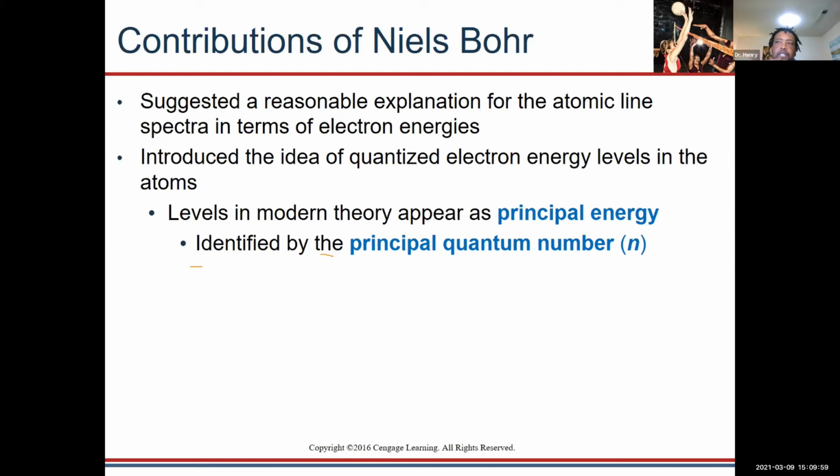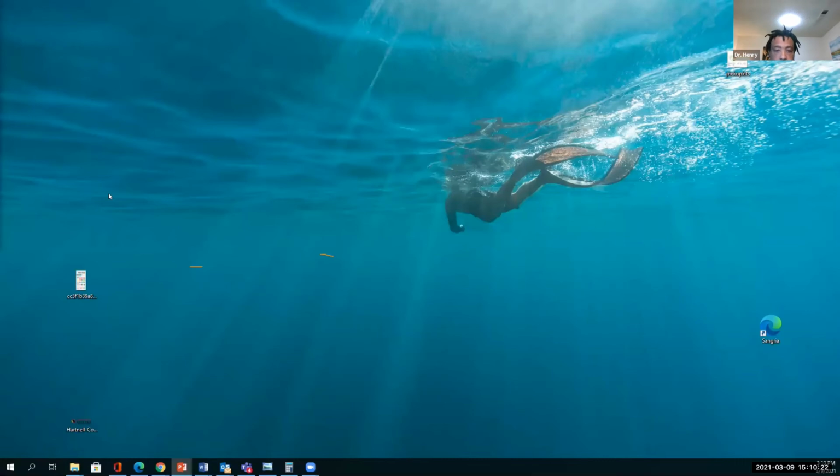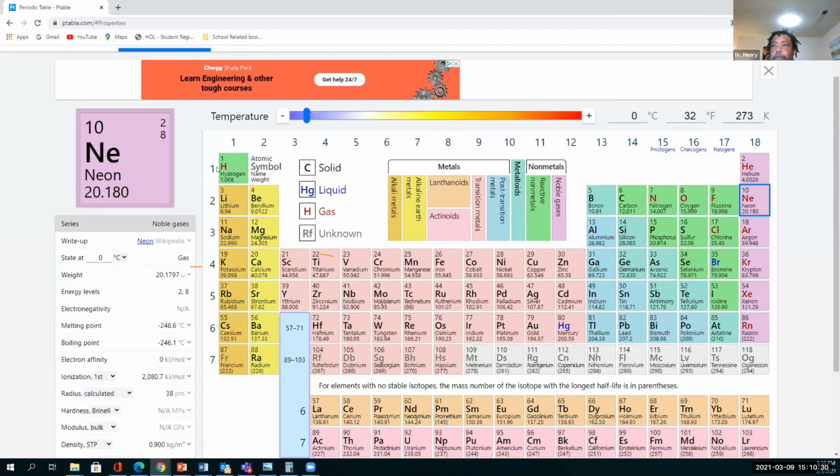So what Bohr basically decided is that there are different energy levels. Each of those energy levels represents one of our quantum numbers, our principal quantum number. The principal quantum number N represents the period. So on our table here, period 1, period 2, period 3, period 4, period 5, period 6, period 7.